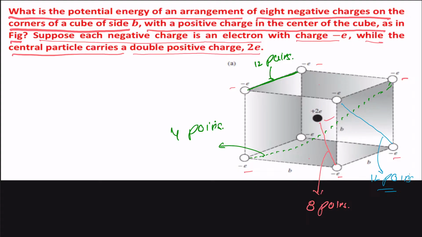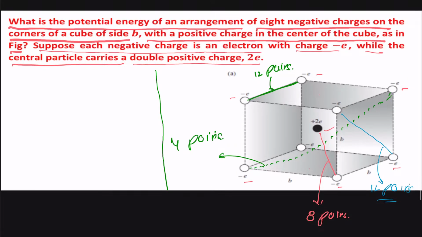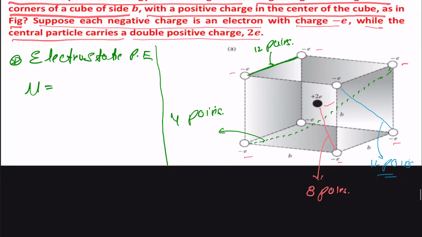The standard formula for electrostatic potential energy U is the summation of 1 upon 4 pi epsilon naught, first charge times second charge, divided by the distance between the two charges.